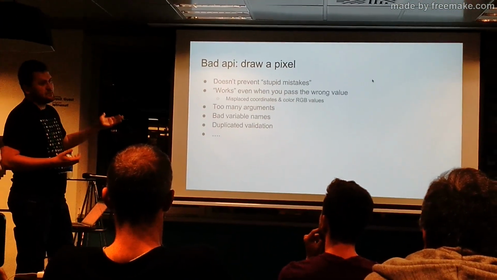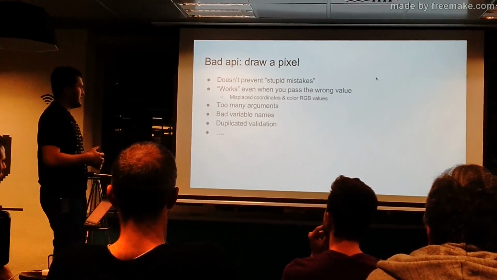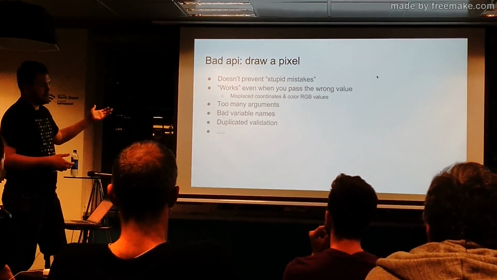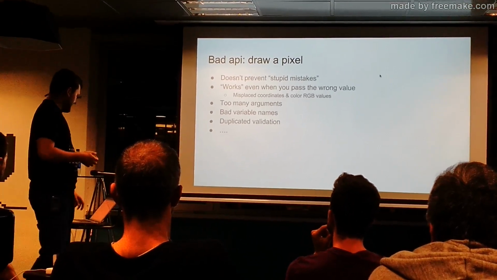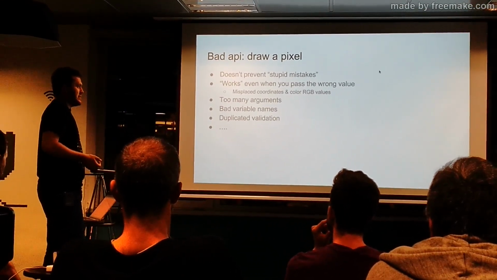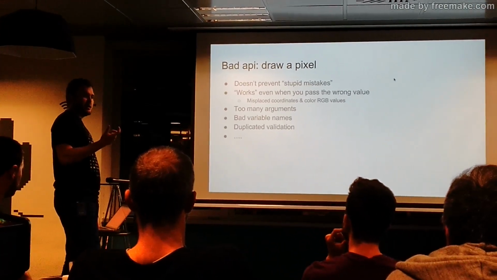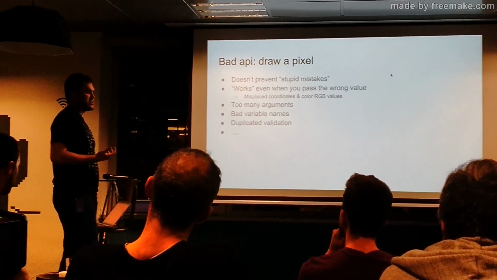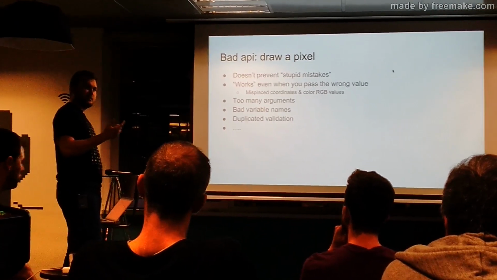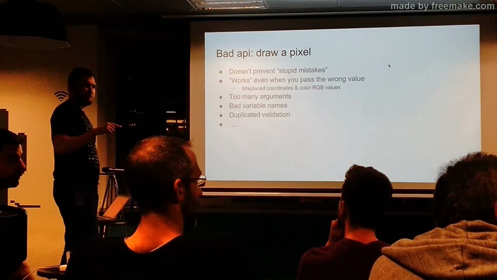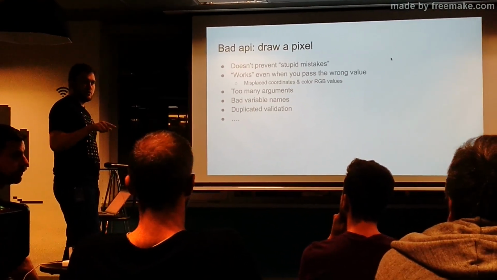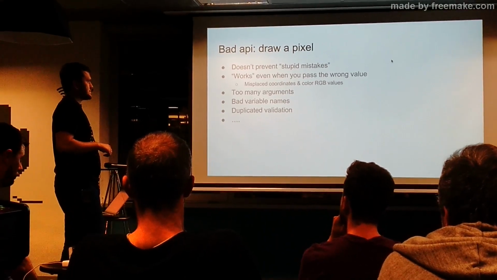And the problem is this works even if you mix the arguments. You might even argue that 5 arguments is too many, or that the variables are badly named, and most of all, because you are accepting 3 integers, you have to validate them. You have to validate that all of them represent a valid value for one of the RGB integers.